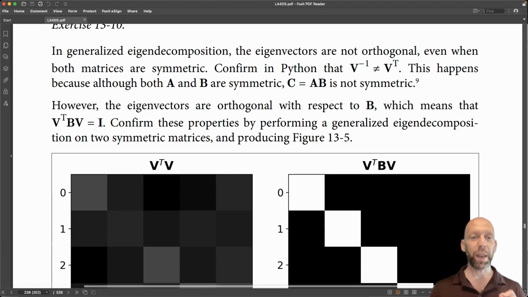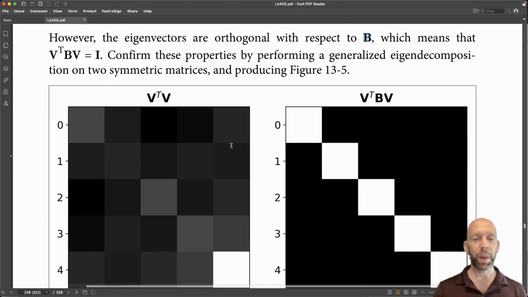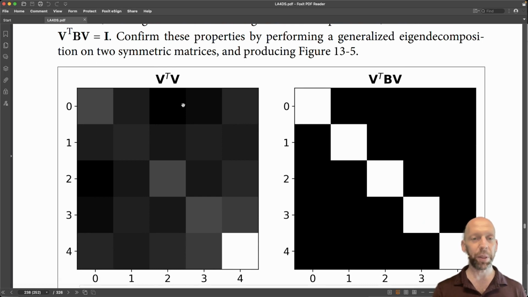It turns out that the eigenvectors of a generalized eigendecomposition are orthogonal, but not orthogonal with respect to each other. They're orthogonal in the space of B. So for a generalized eigendecomposition, V transpose V is going to be some matrix product. It's whatever it is, but this is not going to be the identity matrix. But when we stick B in the middle, then we actually do get the identity matrix.